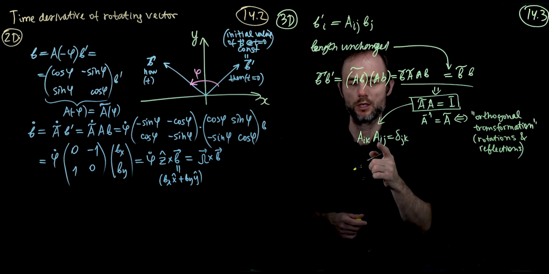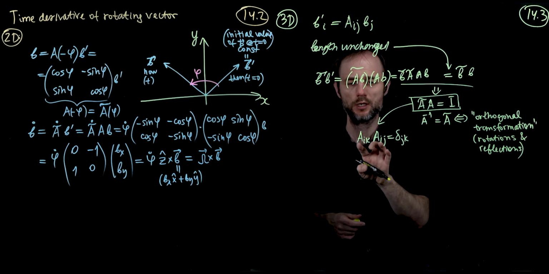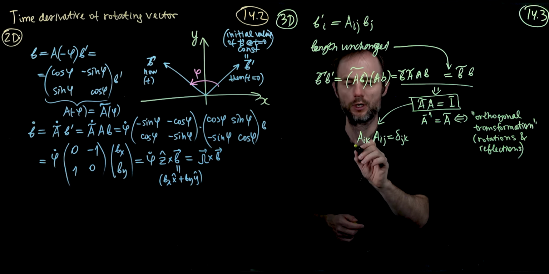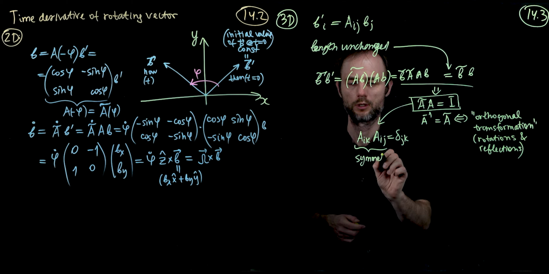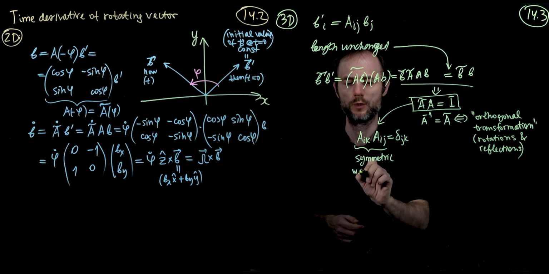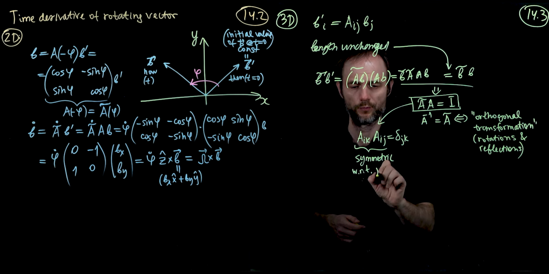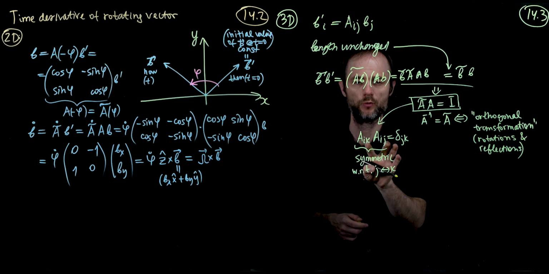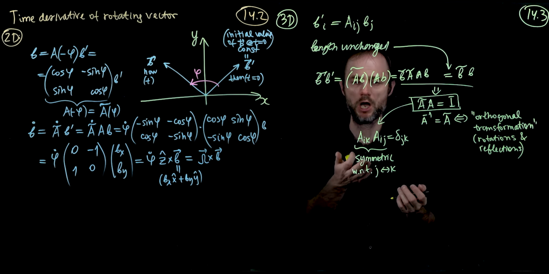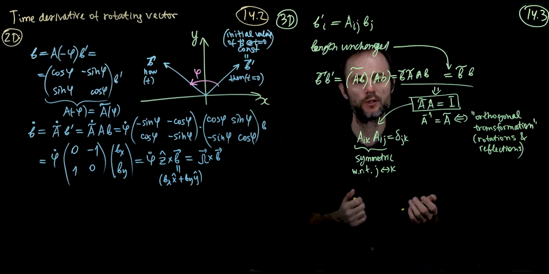And you can see that this left-hand side part is symmetric with respect to j and k, because it's the same exact matrix. So if we swap j and k, we're not going to get any change here on the left hand side.